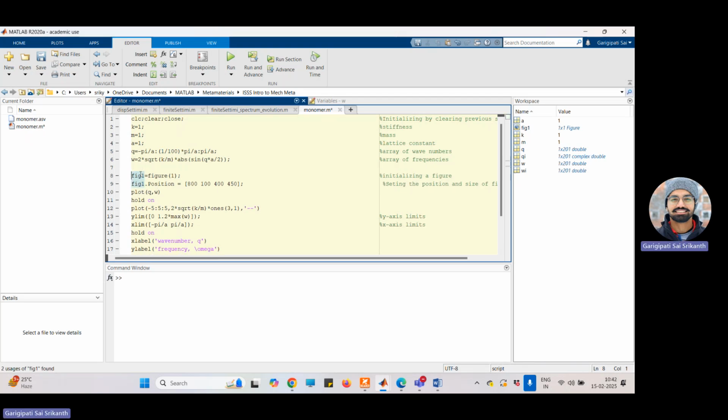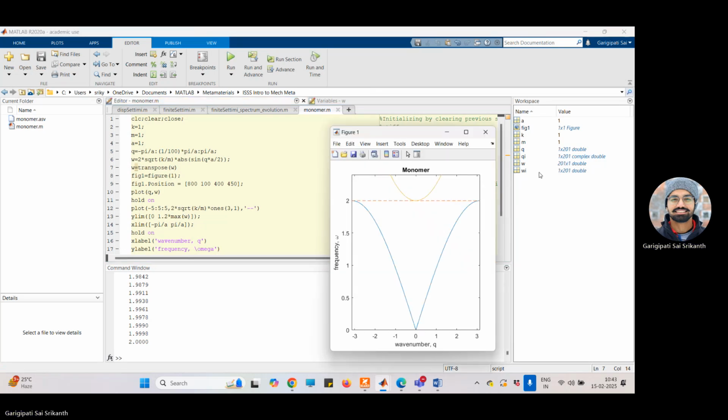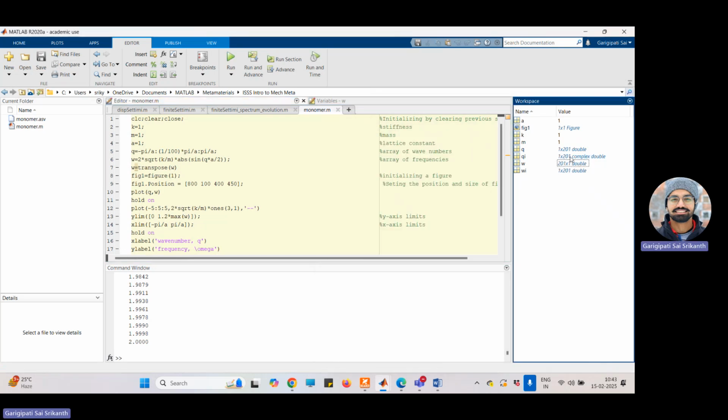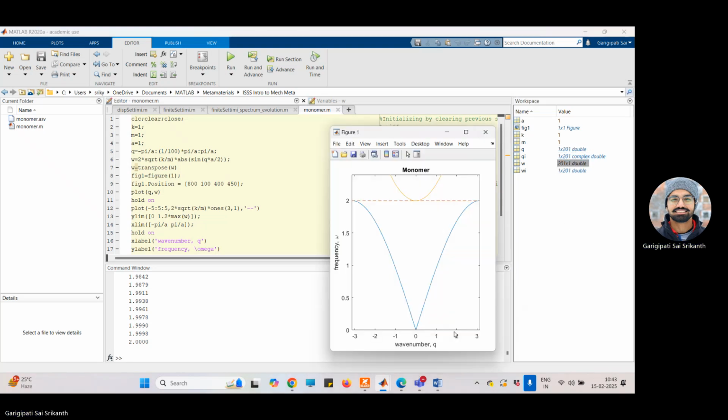Just for confirmation. See here, W has become 201 cross 1 and Q is 1 cross 201. It still works. MATLAB will take corresponding first values, corresponding second value, corresponding third value. MATLAB is smart that way. Okay.